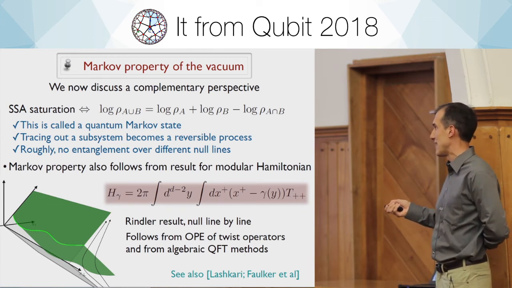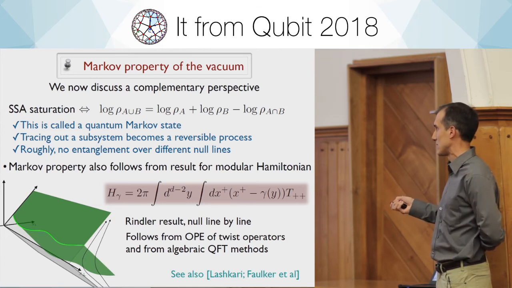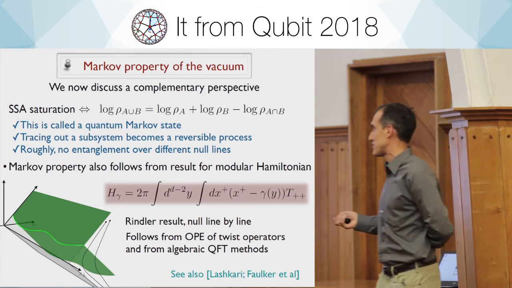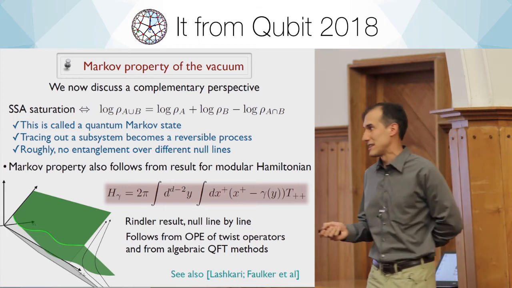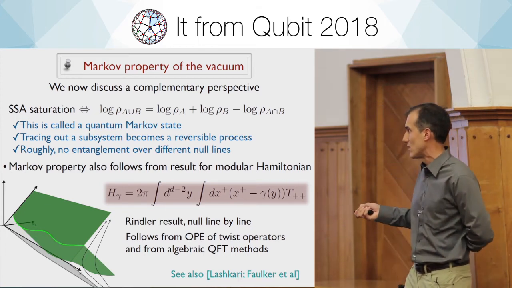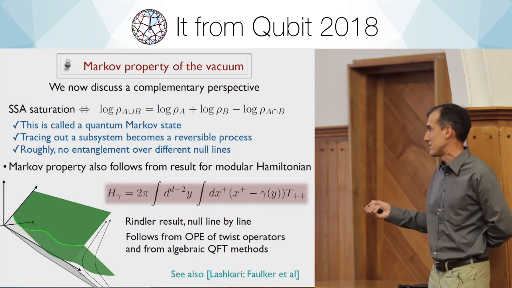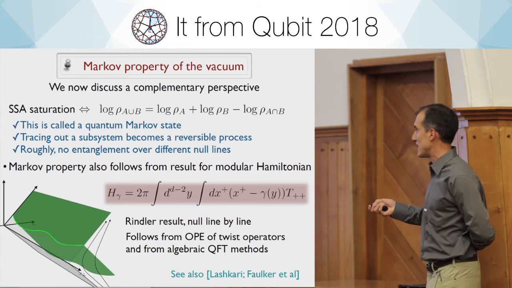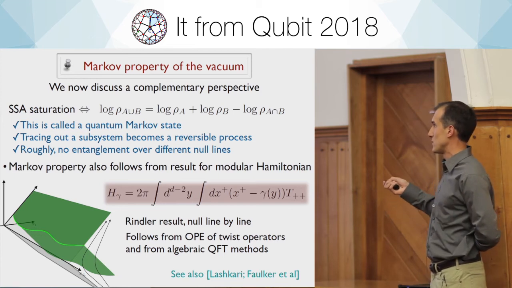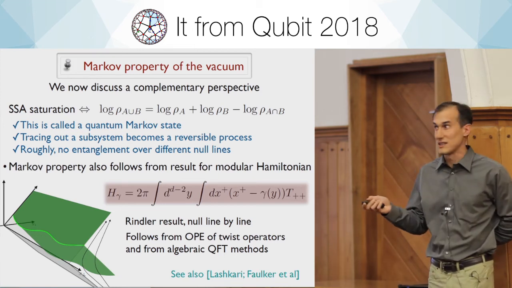So basically, line by line, we get the Rindler expression, and all the dependence on the curve comes from this gamma of y. This result is kind of striking because generically the modular Hamiltonian is very non-local for arbitrary shapes. But if that boundary lies completely on the null plane, then it becomes a local operator. Once it's a local operator, then this equality between modular Hamiltonians follows automatically.